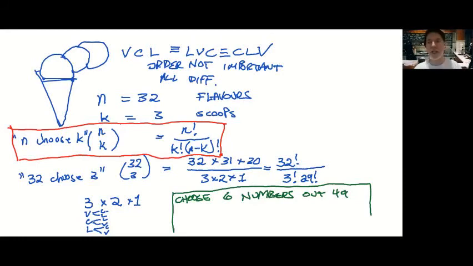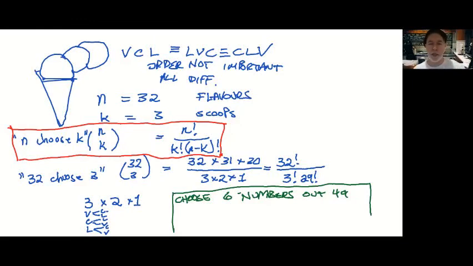And by necessity, because they're not going to put any back, they're all going to be different. And likewise, order doesn't matter. So if you choose the numbers 1, 2, 3, 4, 5, 6, which is just as likely as any of the other combinations, and they draw 6, 5, 4, 3, 2, 1, you still win. So you win big.